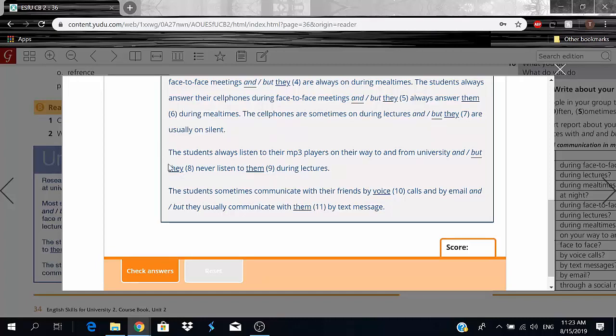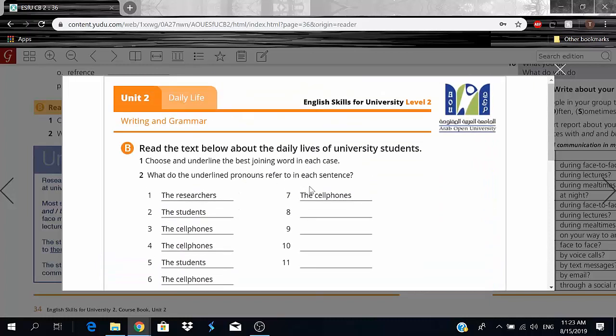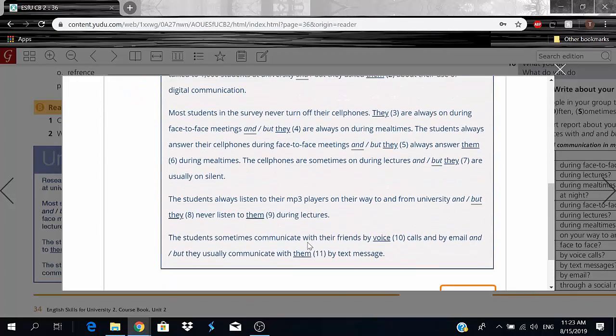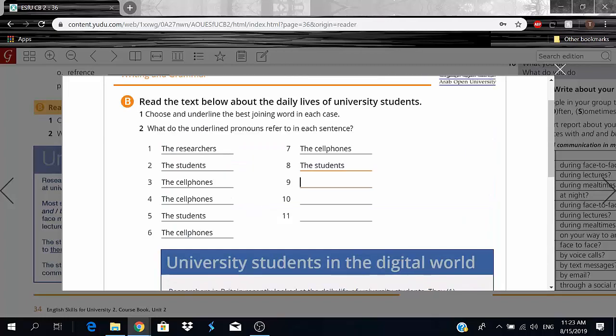But, so they will be number 8, and they obviously referring to the students. So the students. Okay? Now, where were we? Never listen to them during lectures. Them here, we're talking about our MP3 players, or the students' MP3 players. So we're just going to write down MP3 players. Okay?